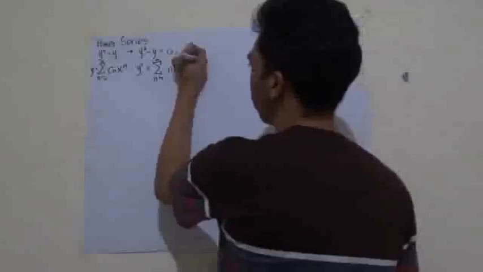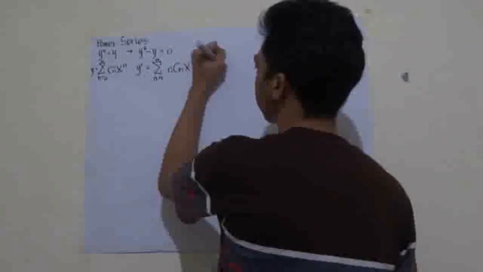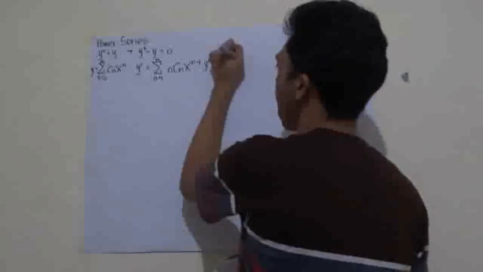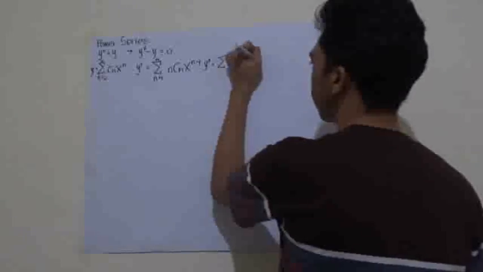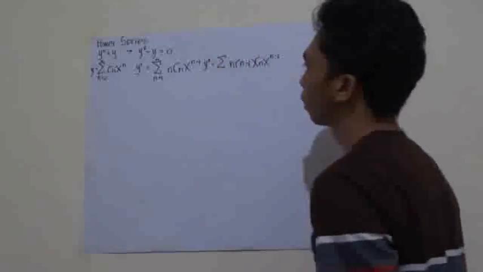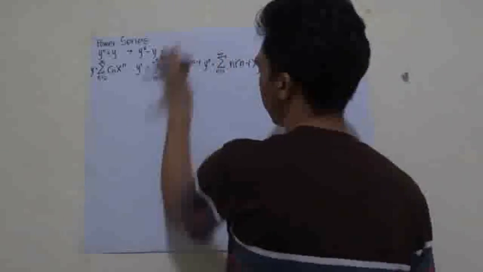And our y double prime is equal to the summation of n times n minus 1 times c sub n x raised to n minus 2, where n is equal to 2 to positive infinity.